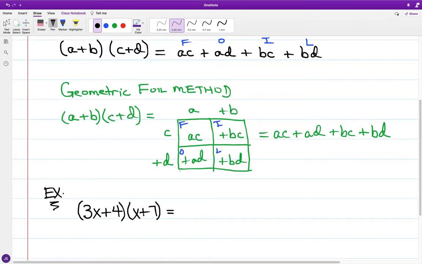For the first terms, you have 3x and x. For the outside terms, you have 3x times 7. For the inside terms, you have 4 times x. And for the last, you have the constants 4 and 7.